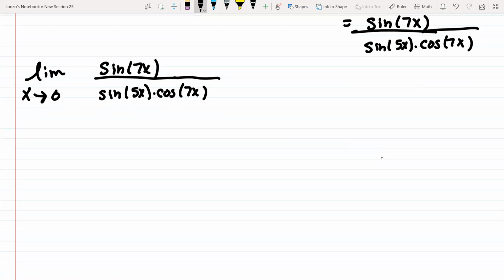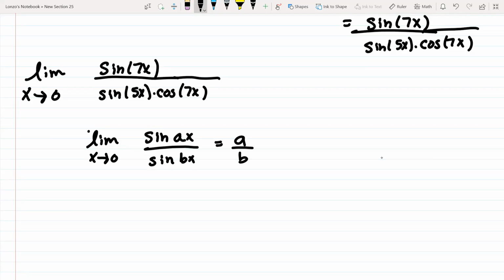There are 2 trig rules I'm going to use. The limit as x approaches 0 of sine of ax over sine of bx is just the coefficients, so it would be a over b. And then I'm going to use this rule, the limit as x approaches 0 of cosine of x equals 1.